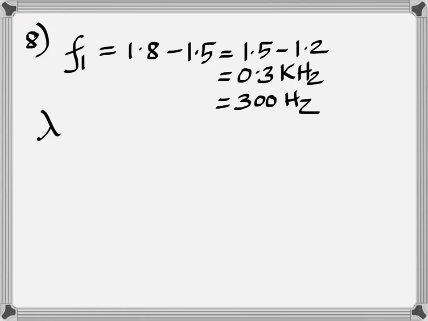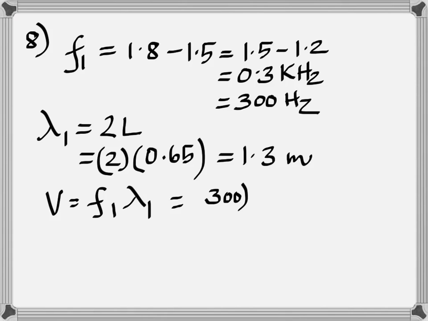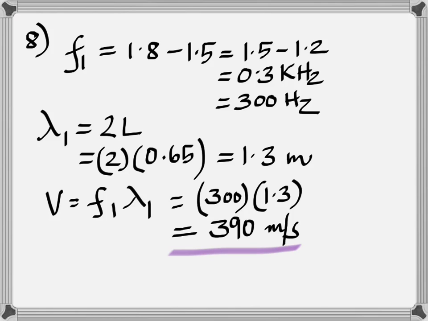So 300 hertz is the fundamental. Therefore, did we know that lambda is 2 times the length in the fundamental mode? So the fundamental was 300 and not 600? Mm-hmm. I thought it was a multiple. I thought it was 2. So 2 times the length, we'll come to that because I'm recording. 2 times 0.65, that's 1.3, and then you find the velocity.